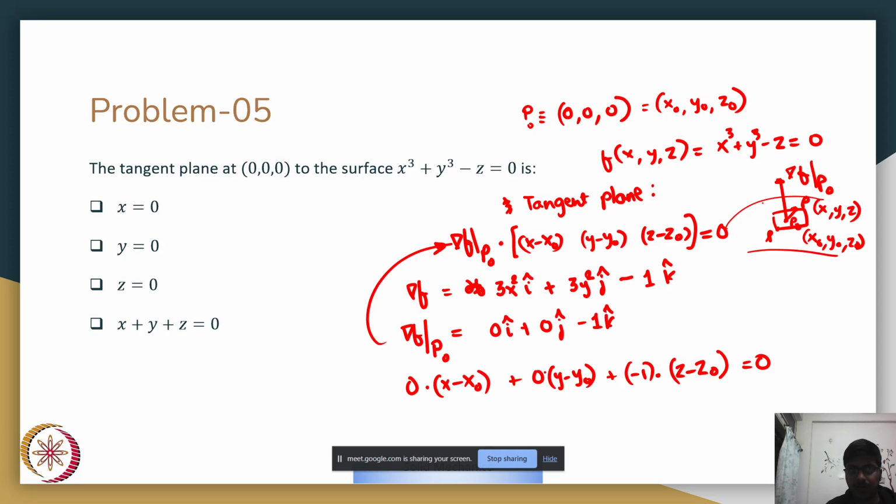They are the point P naught. So I end up with 0 plus 0 plus minus 1 times z minus 0. So minus z is 0, or z equals 0. This would be my tangent plane to the surface f of x, y, z at the point 0, 0, 0.